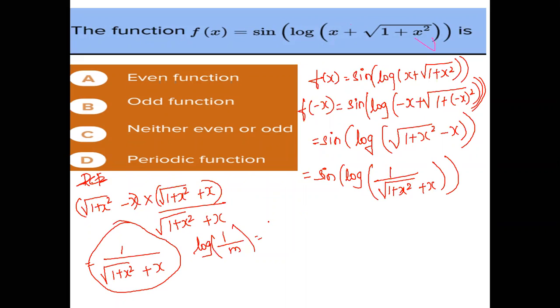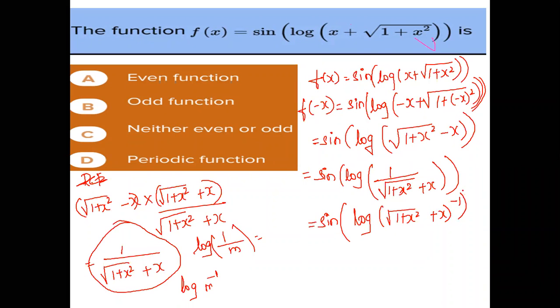Can I write it as log of m to the power minus 1, students? Log of 1 by m is equal to log of m to the power minus 1. Can I write it in that form? Yes. So this becomes sine of log of square root of 1 plus x square plus x whole to the power minus 1.